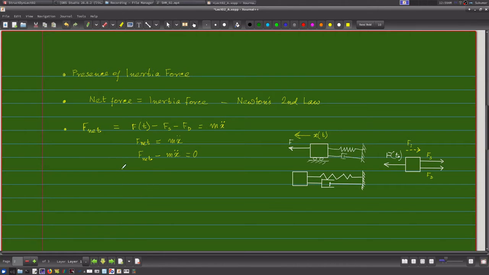Okay, so this gives me, in a nutshell, the equation of motion of the system.